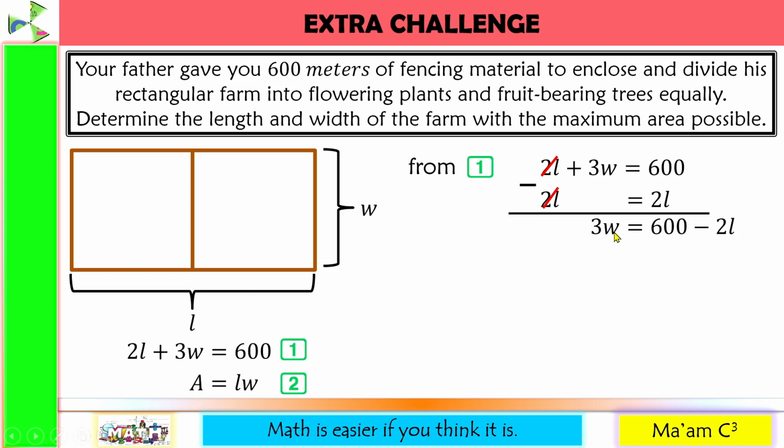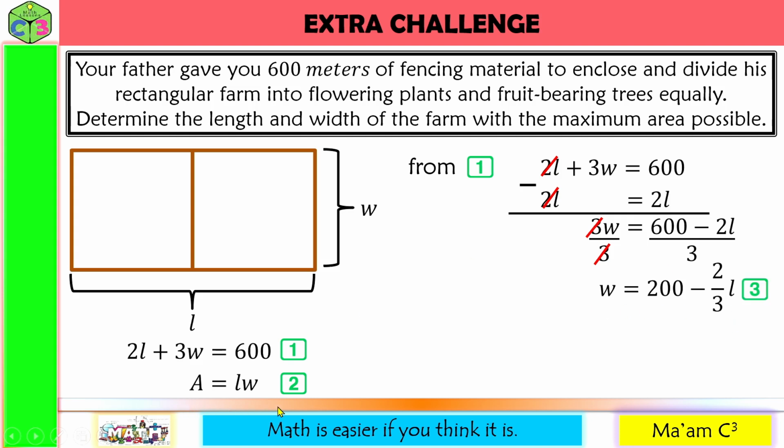To solve for W, I'm going to divide both sides by 3. So 3 and 3 here will simply cancel out. So I have W. 600 divided by 3 will give me 200. And negative 2L divided by 3 is simply negative 2/3 of L. Let this be my equation 3.